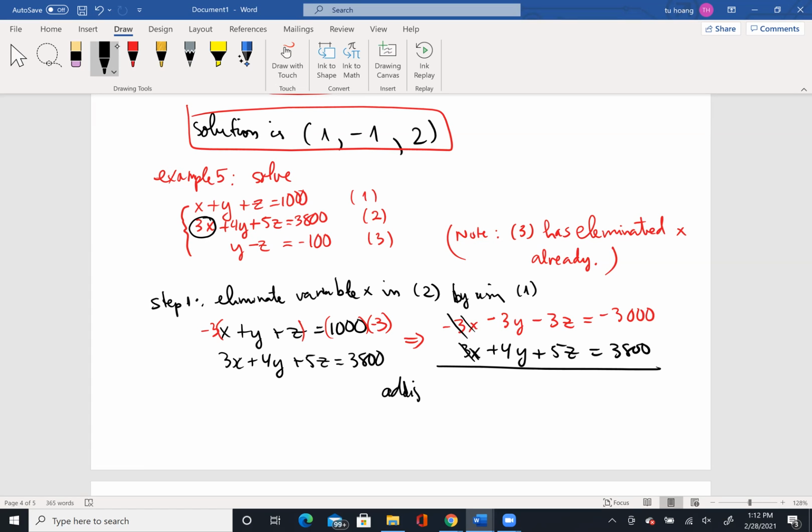We have negative 3y plus 4y gonna be y, and then plus 2z equal to 800. So this is gonna give me a new equation number 2.